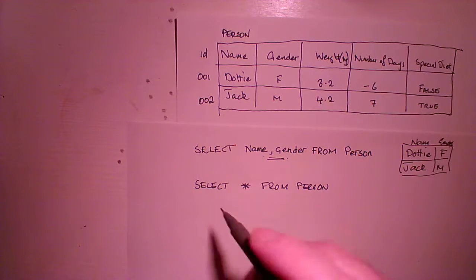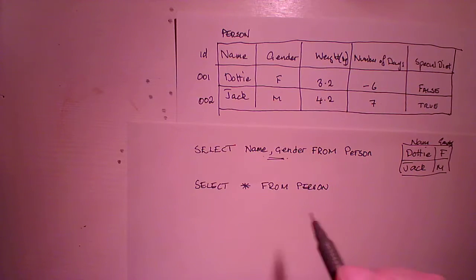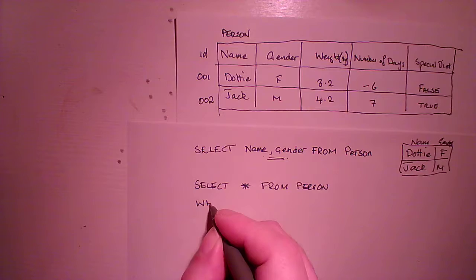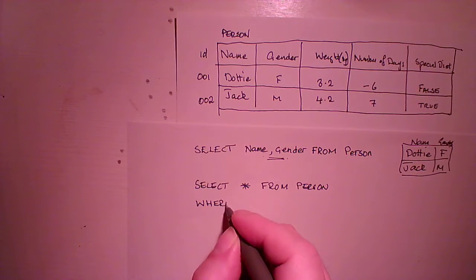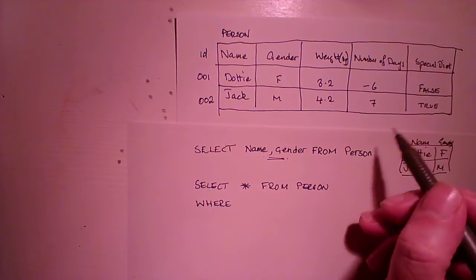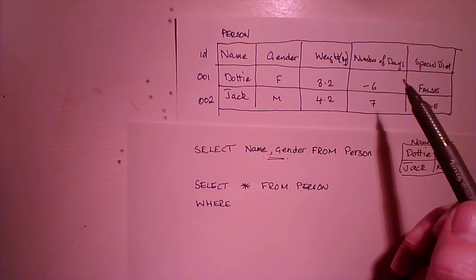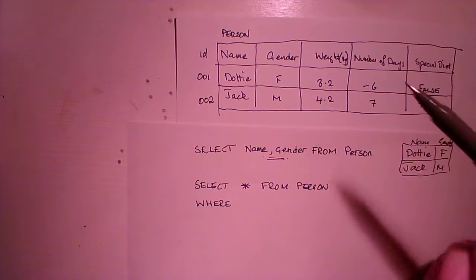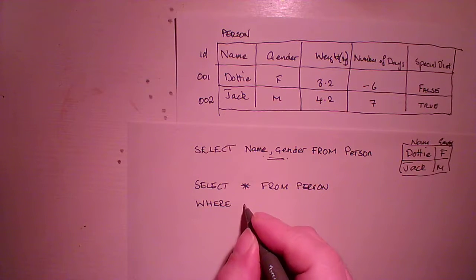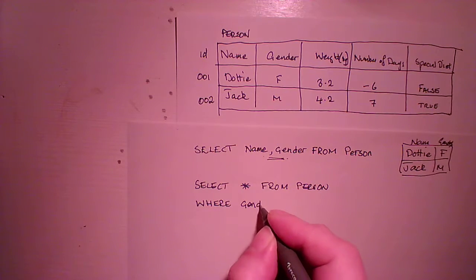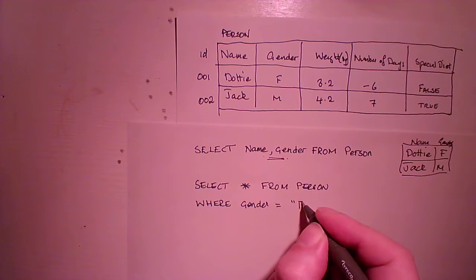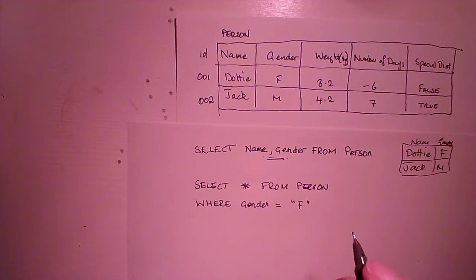The second line that I tend to use is what we call the where clause. And what that does is sort of filter out records. So I can sort of choose, let's say in gender, where gender is equal to female.